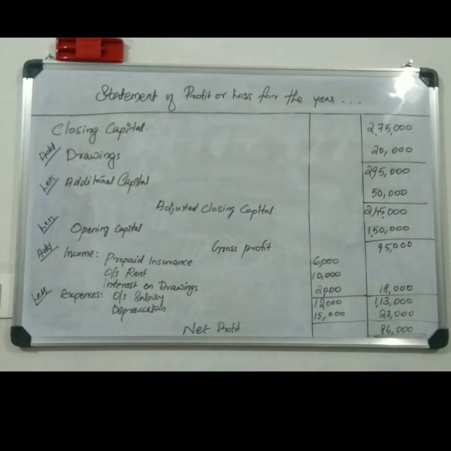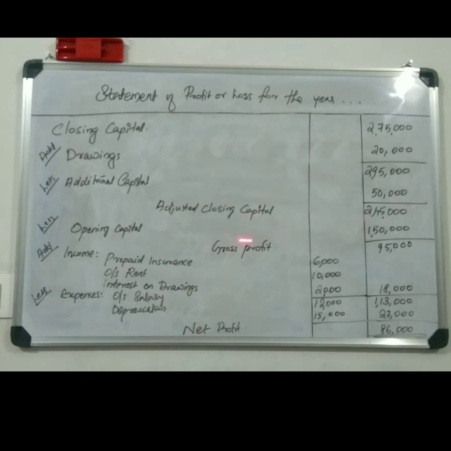So we got a figure of 95,000 rupees and this is known as gross profit. Why is it known as gross profit? Because the opening capital is lesser than the adjusted closing capital and there are some incomes and expenses given.